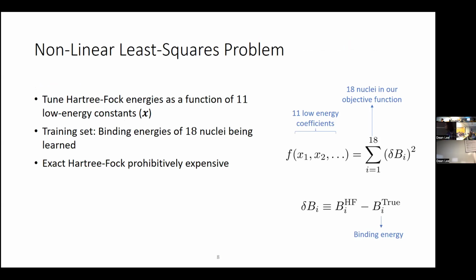So with that background, here is the optimization problem that constructing a mass model amounts to. It's a nonlinear least squares problem, represented here on the right. In our case, we have 18 nuclei that we want the objective function to learn, and we want to minimize these individual residuals as a function of these 11 LECs, 11 unknowns that we saw a few slides ago.